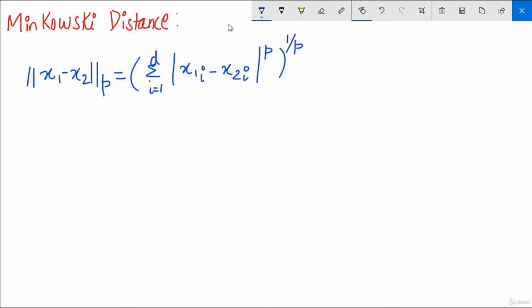Now there comes one more thing named Hamming distance. Those of you from a computer science background, in your first year there was a chapter named computer architecture.